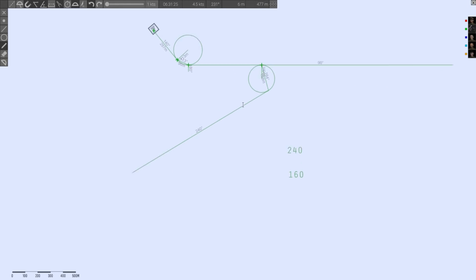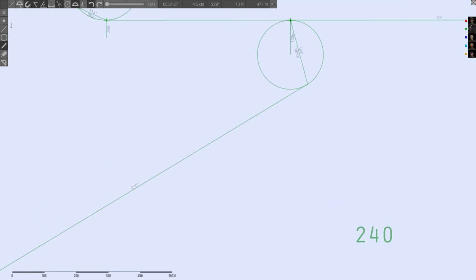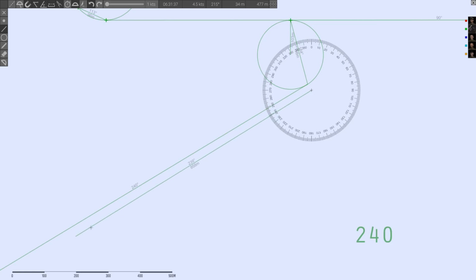477 meters. Alright, once again, we'll do it my way, and this time I'm not even going to draw the extra line like I do, because I just eyeball it a lot. But it was 477 meters at 240. Oh, I had it.